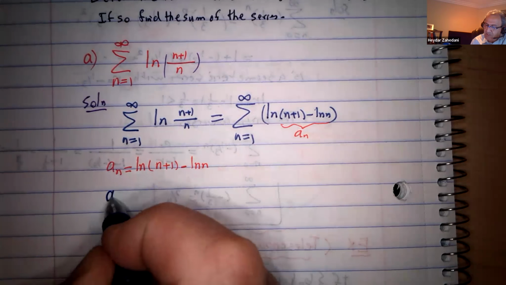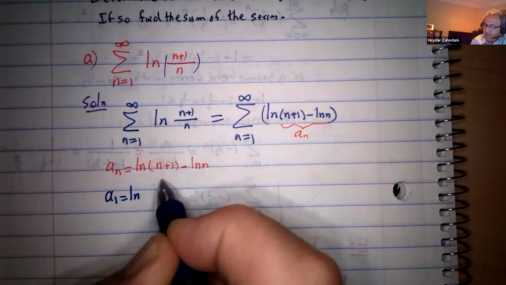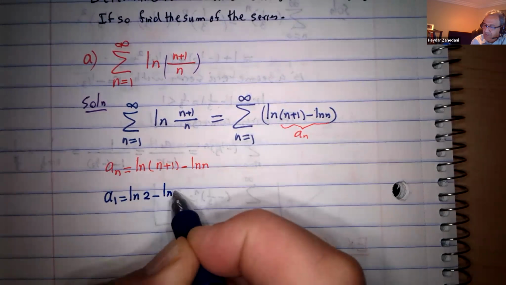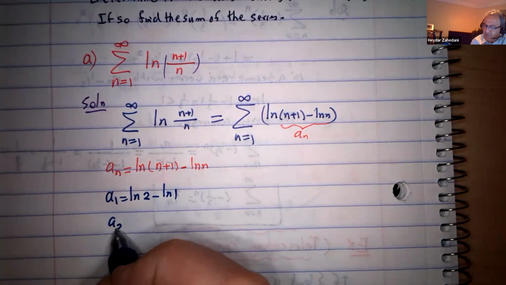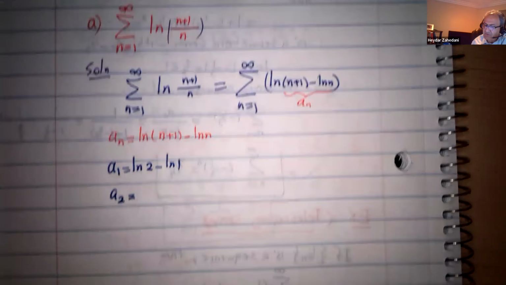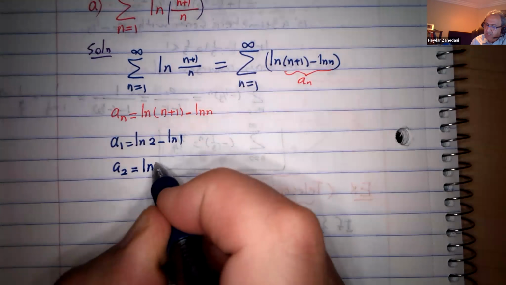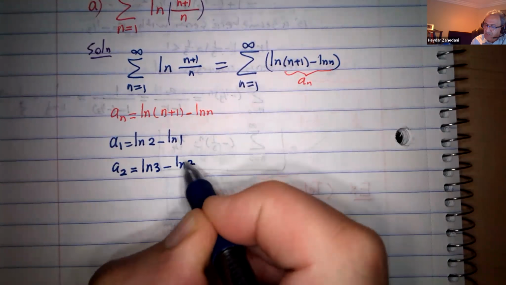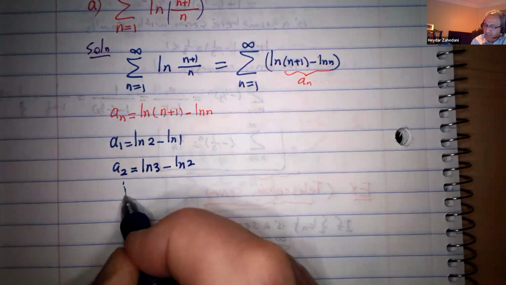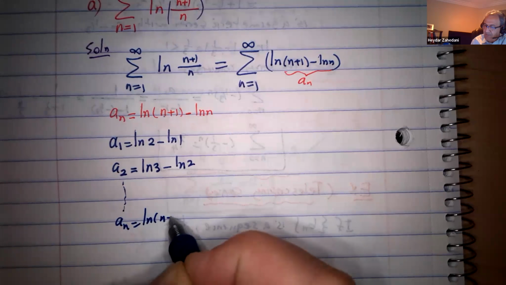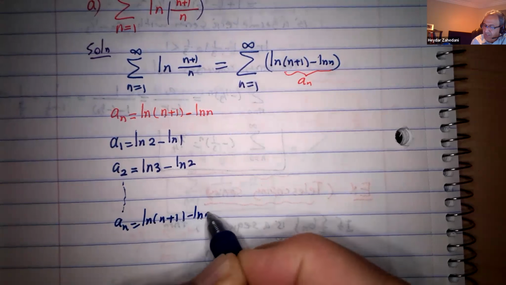The a_1 would be ln of 2 minus ln of 1, replacing n by 1. You write a couple of terms to see how they cancel out. If you put 2, that gives you ln 3 minus ln 2. You see they are going to cancel, so that to get a_n, ln of (n plus 1) minus ln of n.